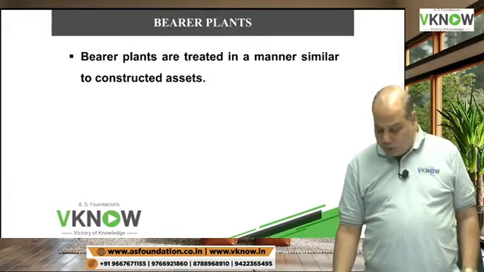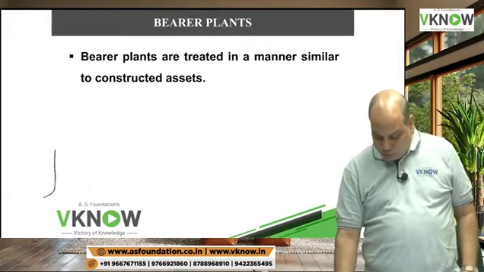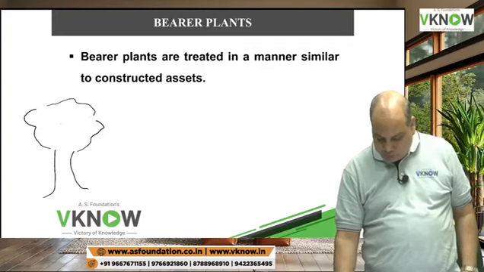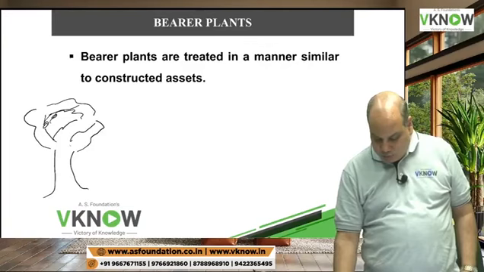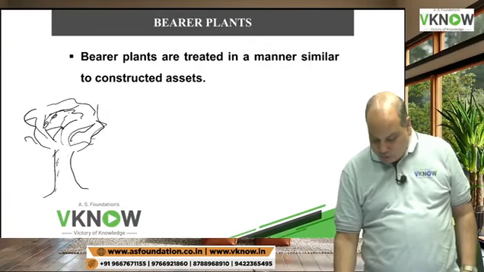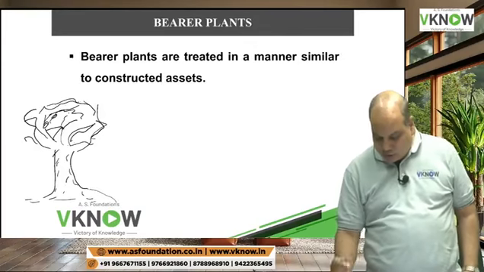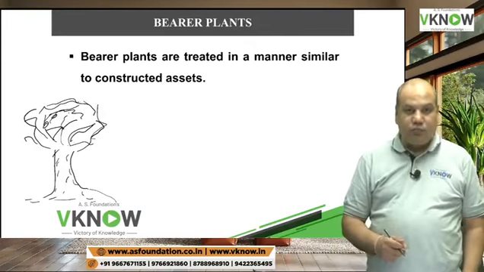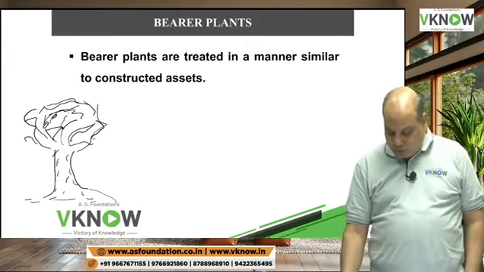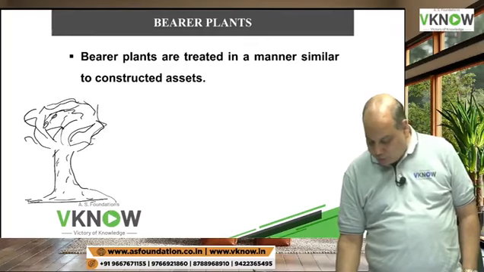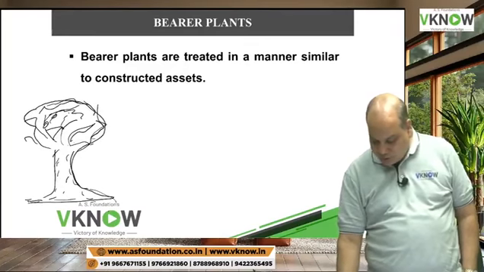What about bearer plant? Suppose we are growing a mango tree. This is a mango tree, assume. Right now I am writing in a hurry, otherwise I am also an artist. You started from a small plant and now it has become a tree.